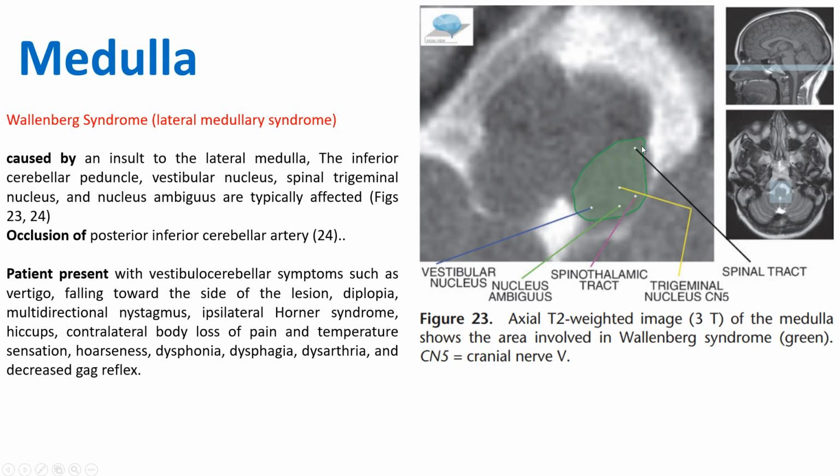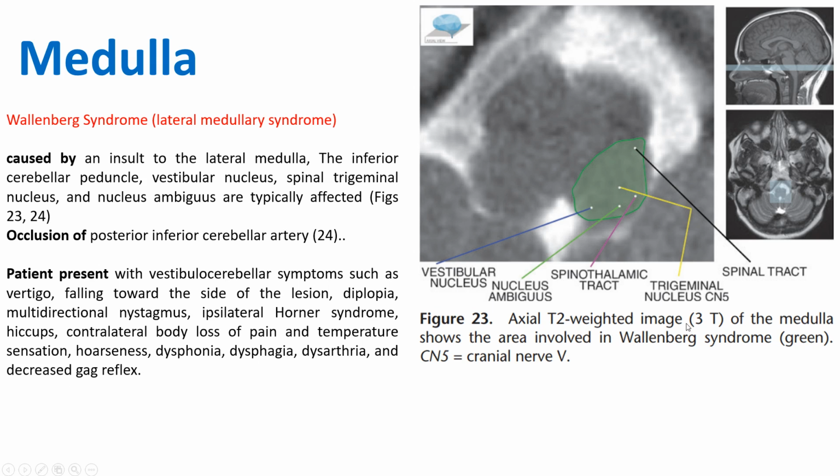This involvement of the PICA results in vestibulocerebellar symptoms like vertigo and falling towards the side of the lesion. We have some diplopia, multidirectional nystagmus, ipsilateral Horner syndrome, hiccup, contralateral body loss of pain and temperature sensation, hoarseness, dysphonia, dysphagia, dysarthria, and decreased gag reflex.